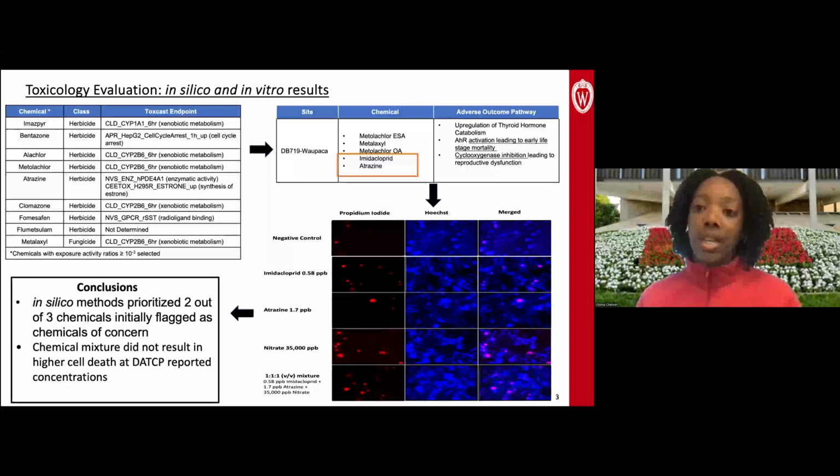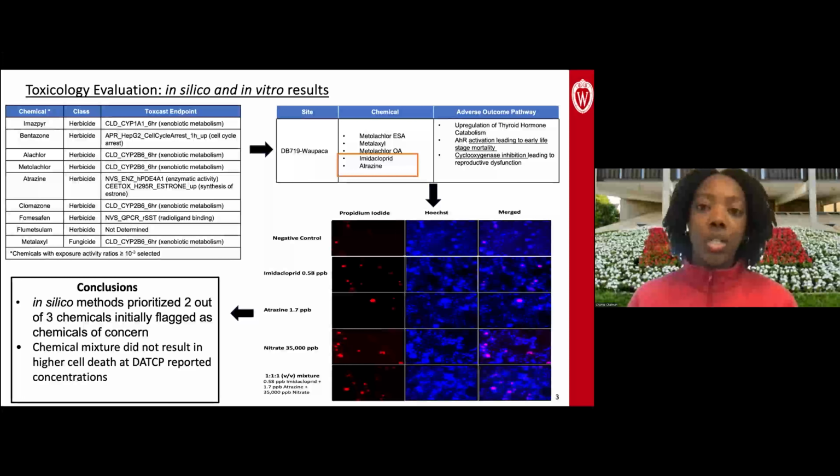Moving into the second computational tool utilized, the second table here is from our toxmixtures output. This was able to identify 1 groundwater well, which was DB719 in Waupaca County, which screened 5 chemicals of interest, which led to these adverse health outcomes listed on the far right of this table, which included thyroid hormone catabolism, as well as increased activation of the acetylcholine receptor, as well as cyclooxygenase inhibition.